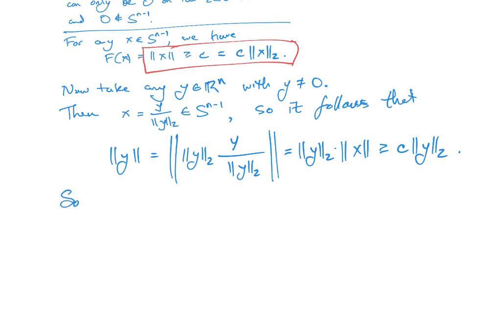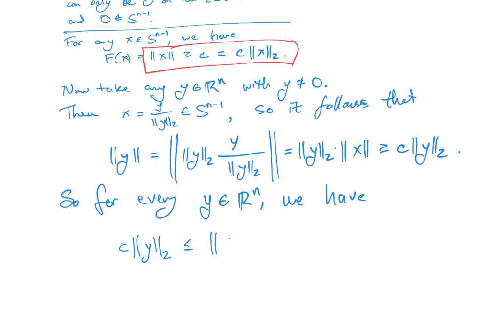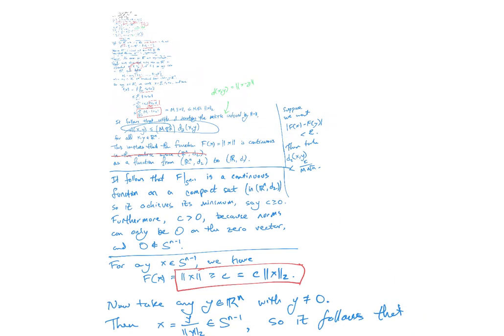So for every y in Rn, we have c times the 2 norm of y is less than or equal to its mystery norm is less than or equal to, what was our bound for the other side?